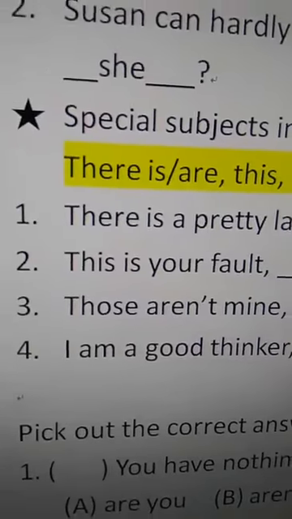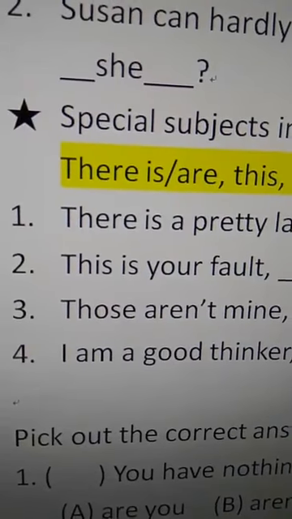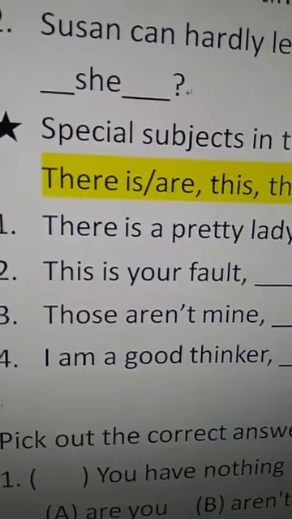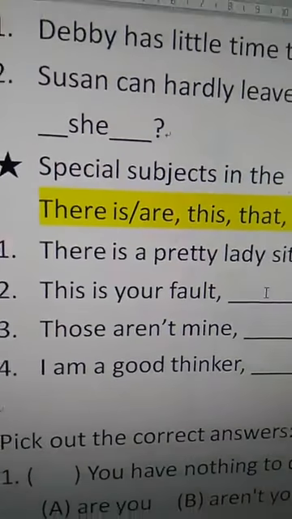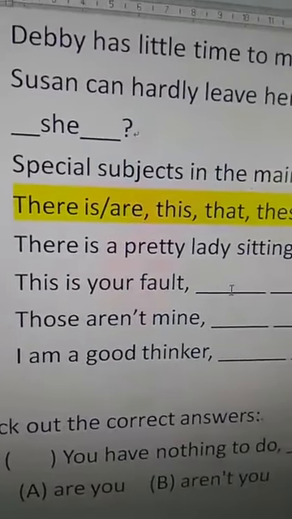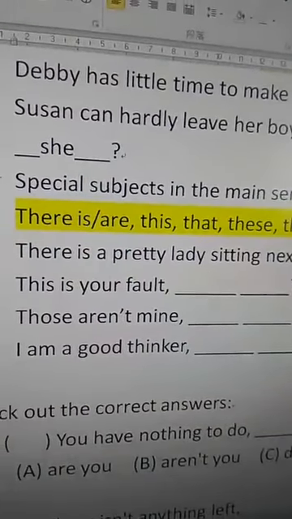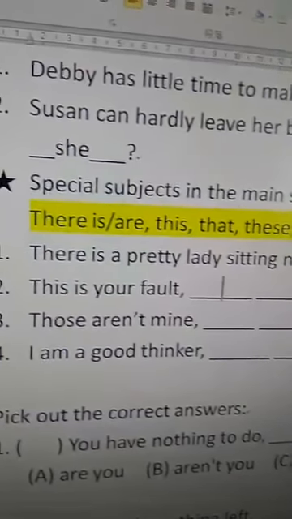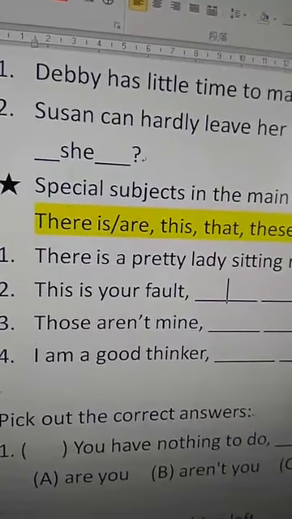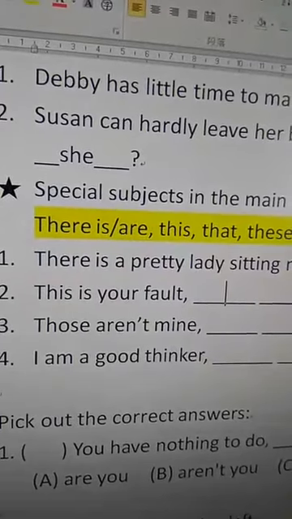And how about this one? Number 2, this is your fault. How to form a tag question here? Think about it. The answer is like isn't this? Is that correct?